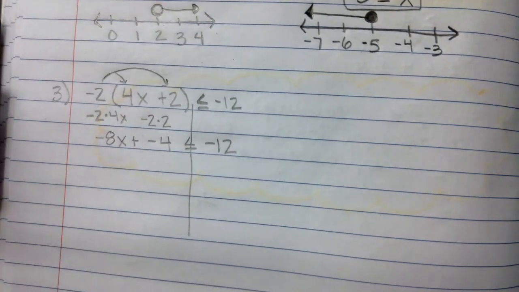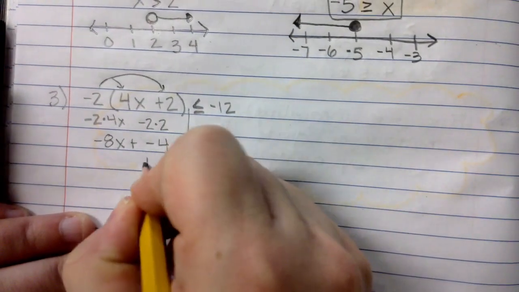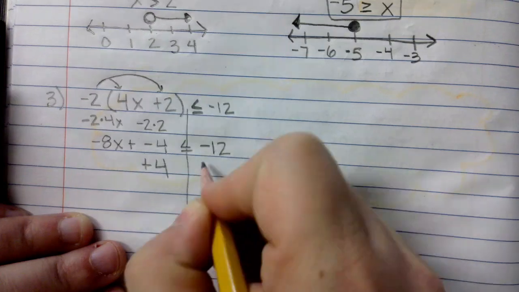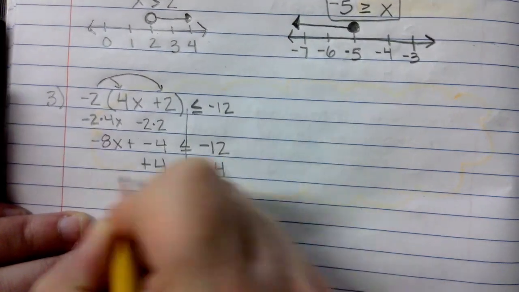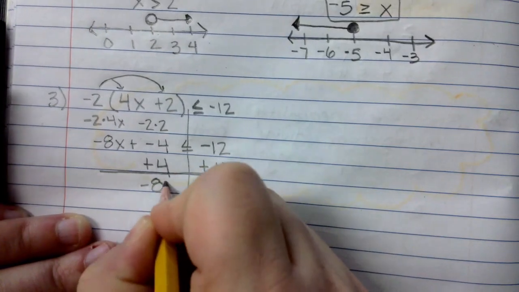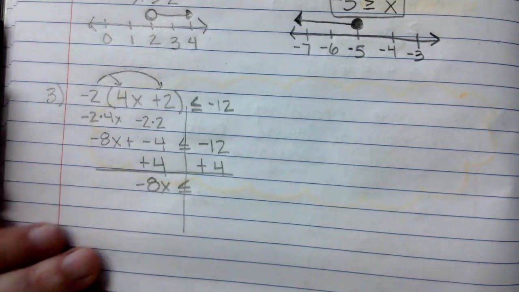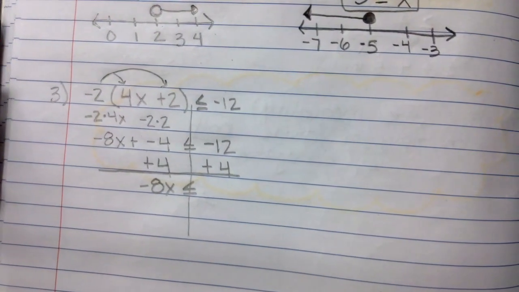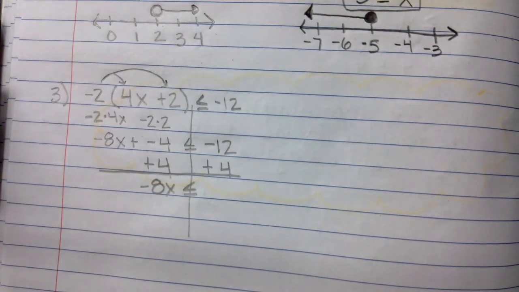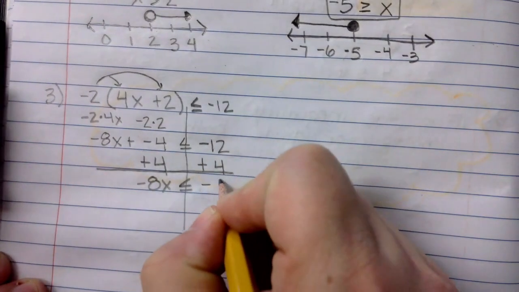All right, now we have to get rid of that negative 8 that's with the x. How do we undo that negative 8 that's with the x? Divide by a negative. As soon as I see I'm dividing, I want a little buzzer to go off in my head. Beep, beep, beep, beep. Do you need to flip it? Yes. Why? Yeah, we're dividing by a negative, so in this case we need to flip it.